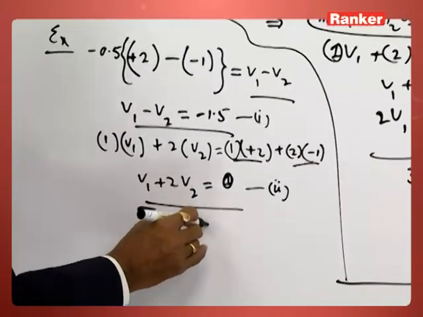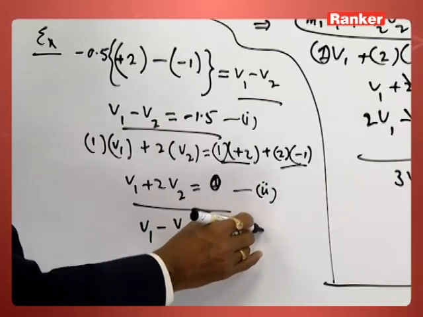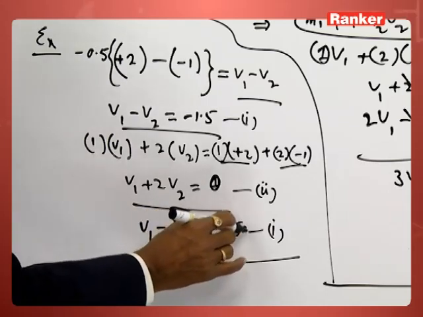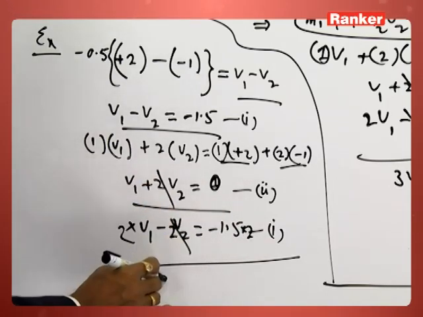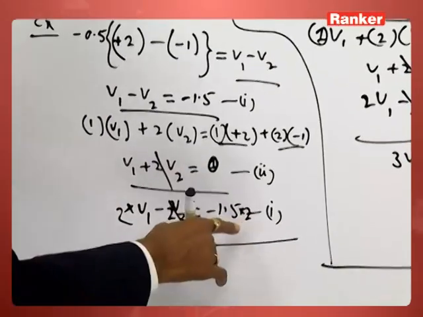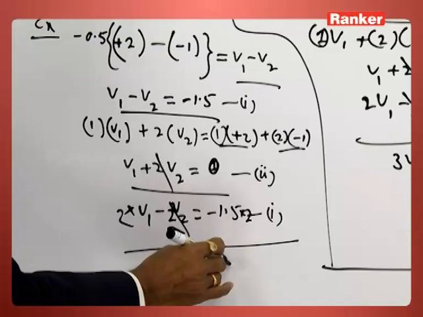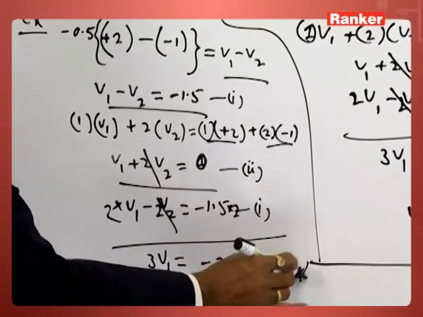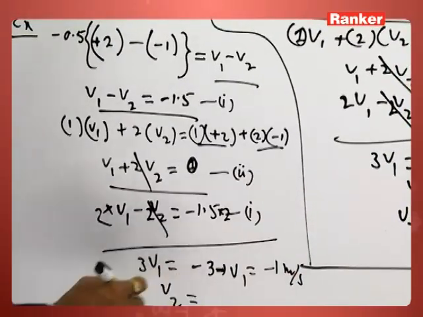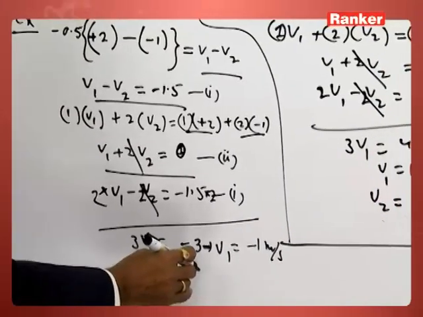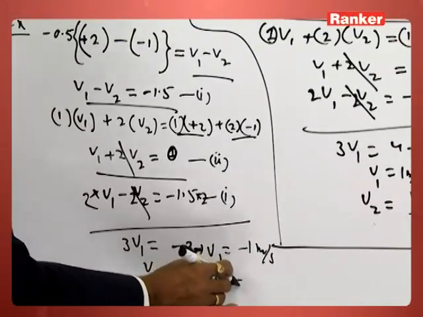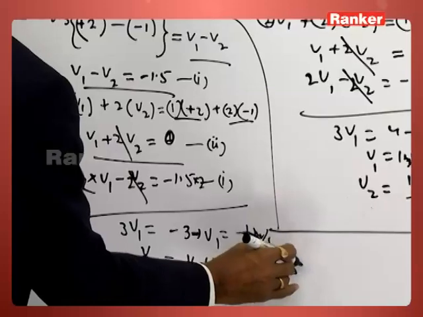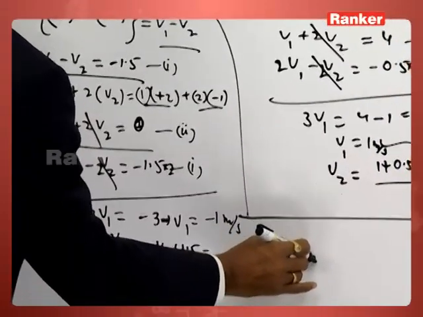v1 minus v2 is equal to minus 1.5. If you multiply both sides with 2, getting cancelled, 3v1 is equal to minus 3. Therefore, v1 we can write as minus 1 meter per second and v2 is equal to v1 plus 1.5, that is minus 1 plus 1.5, that is 0.5 meter per second.